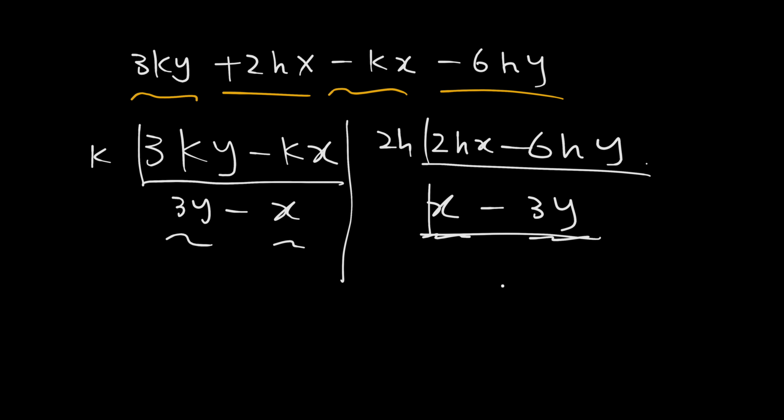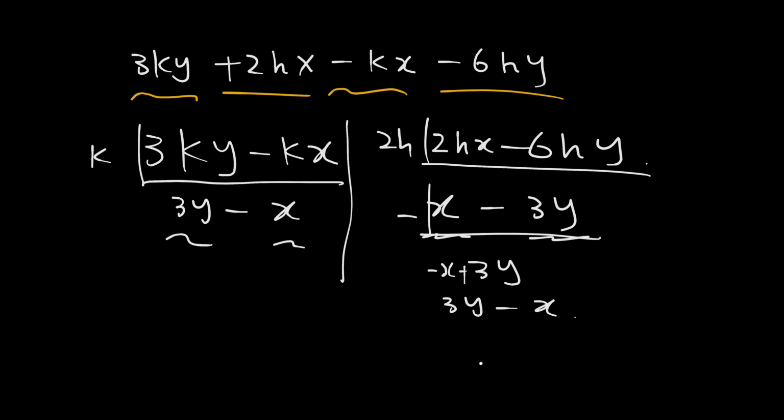Can you continue to take out a minus here? I think so. You take out a minus here, what do you have at the back? Minus x plus 3y. Minus x plus 3y, you can actually just rearrange. It will become 3y minus x.